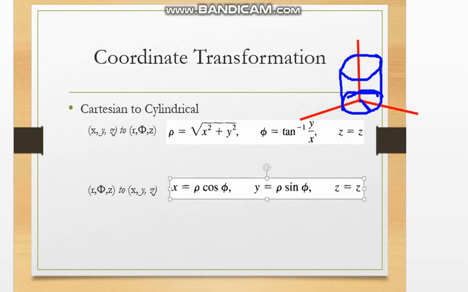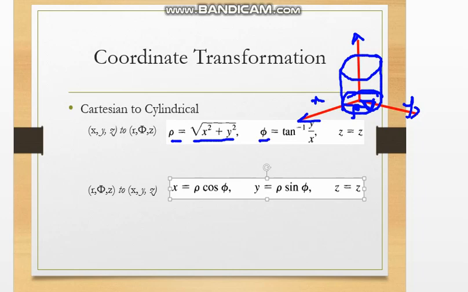From this point to that is r or rho. So rho, that is x, and that is y. And if you draw these two points and apply the Pythagoras theorem, we can get rho is equal to root over x square plus y square, as it is a orthogonal triangle or rectangular triangle.